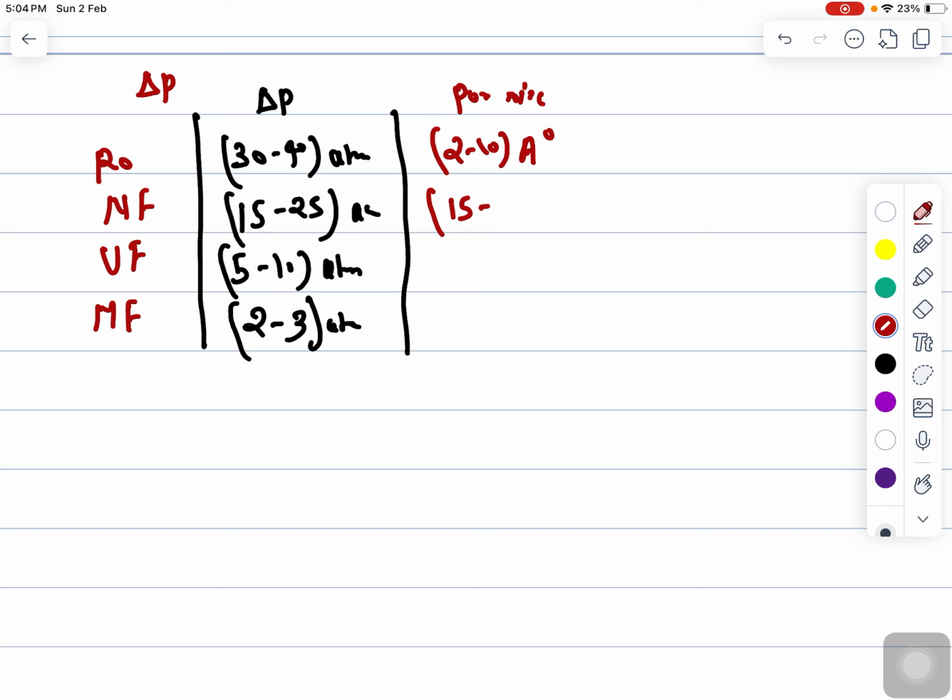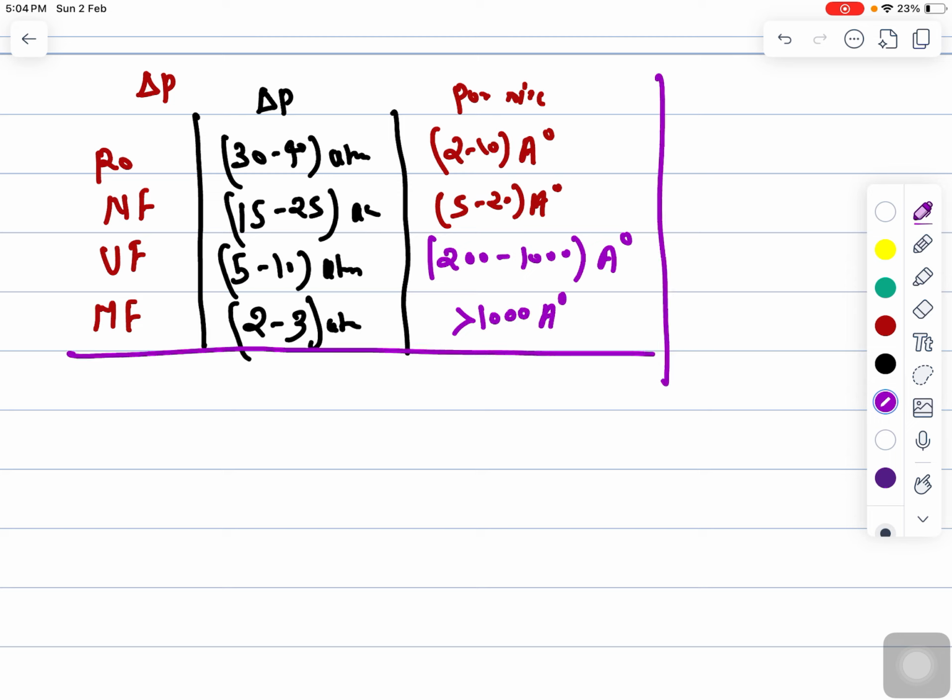Here it was 5 to 20 angstrom. Next, moving on to ultrafiltration, the pore size was 200 to 1000 angstrom, and for microfiltration it is greater than 1000 angstrom. So this was the distribution of pore size in all of these membrane separation processes: reverse osmosis, nanofiltration, ultrafiltration, and microfiltration.